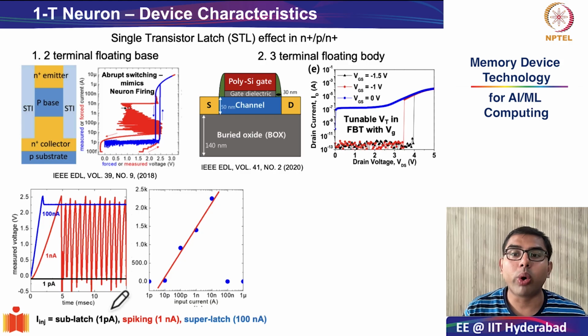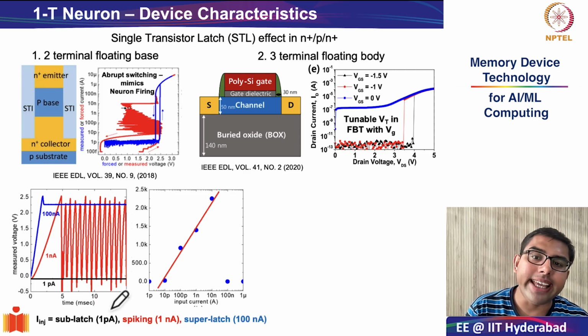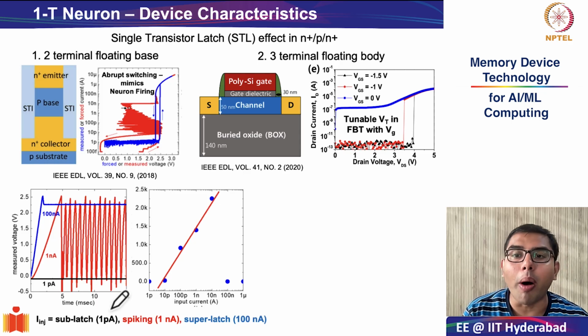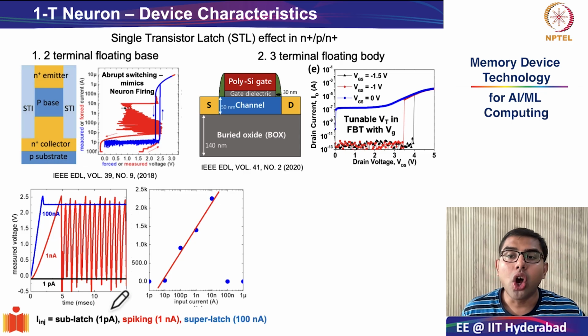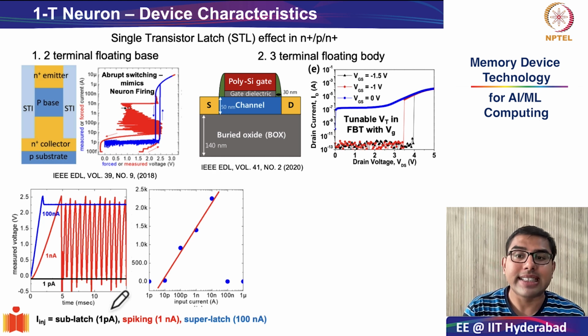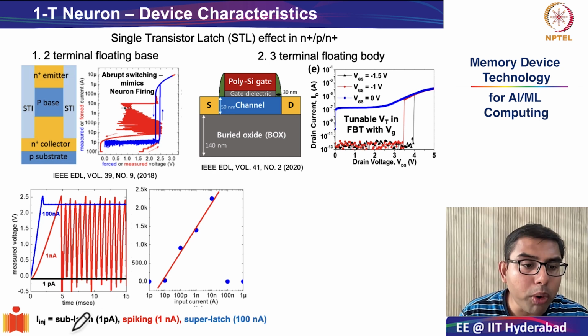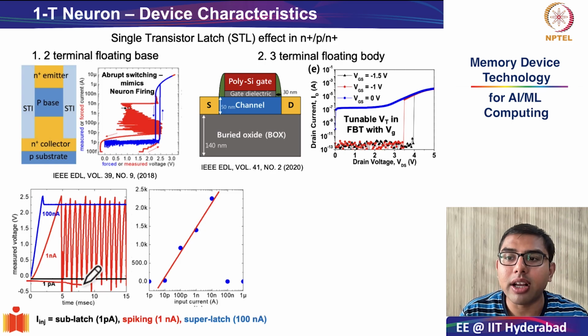Next, let's look at the actual electrical behavior of this CMOS neuron. And as you can clearly see, there are 3 distinct operating regimes depending on the input current. So in the first case, as you can see, there is a very small input current which is around 1 picoamperes. This is shown in black color in this particular graph.